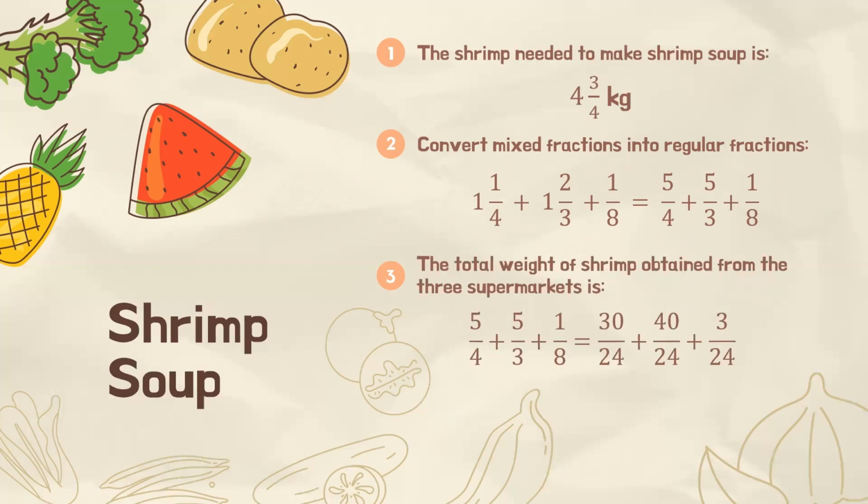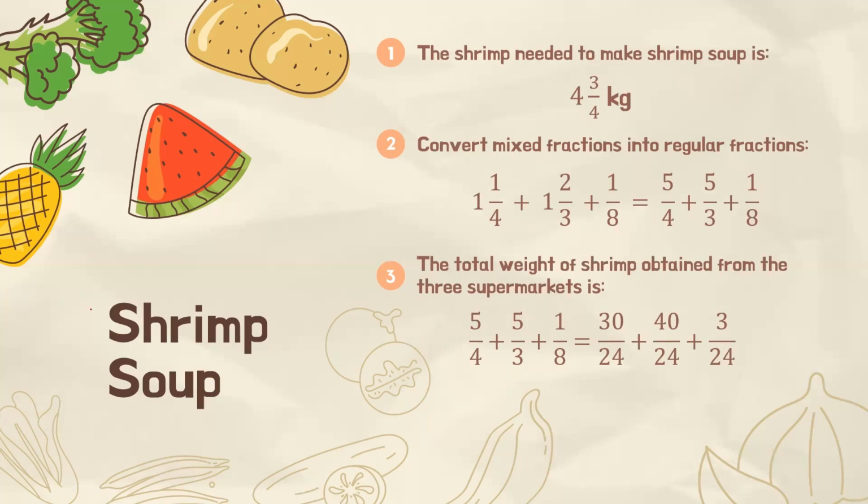Here, we have 5/4 plus 5/3 plus 1/8 equals 30/24 plus 40/24 plus 3/24. Some of you might be wondering how we can get the second form.